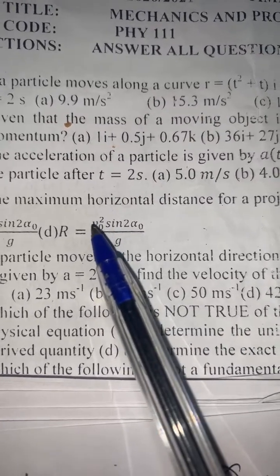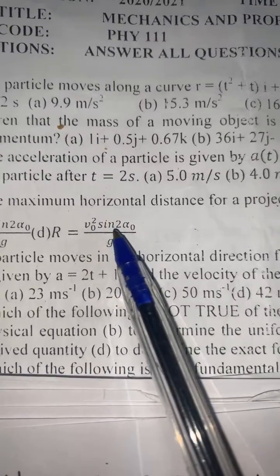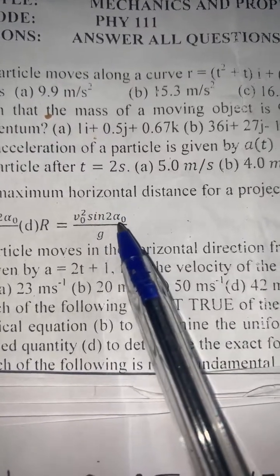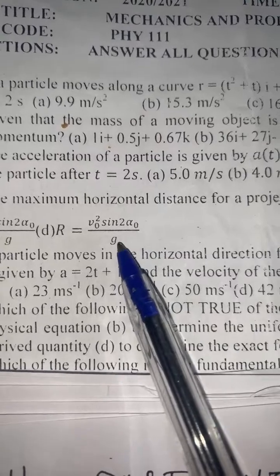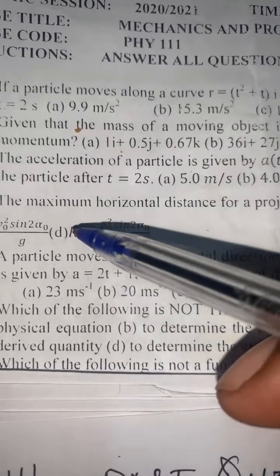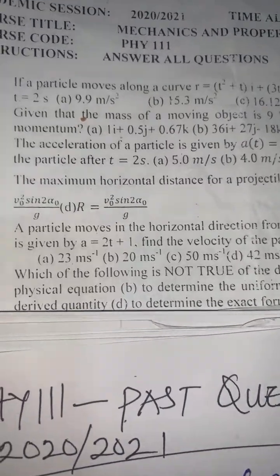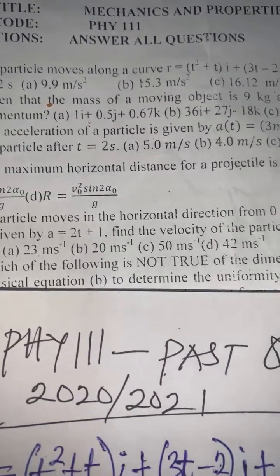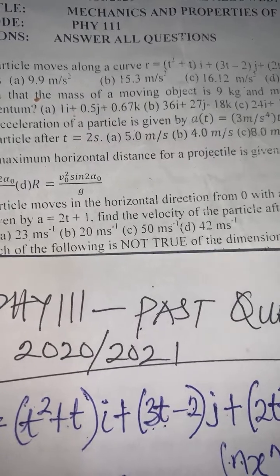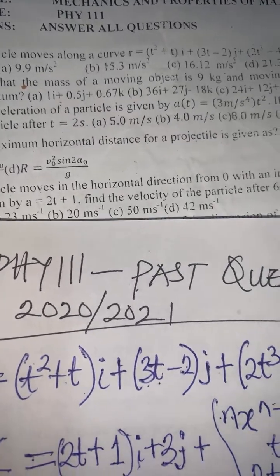They have different formats they use in representing it. Sine 2 alpha, you can use alpha or theta as the case may be, all over g. I think this D is the option. Okay, that is fine. Can we solve the next question, please?